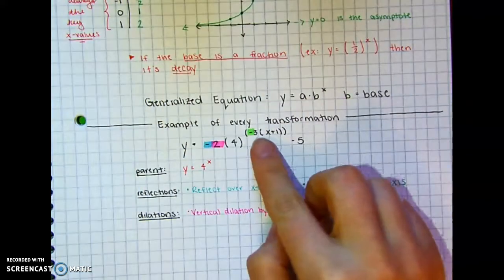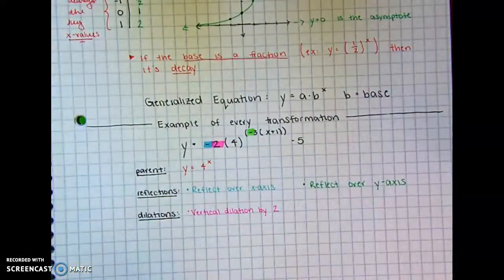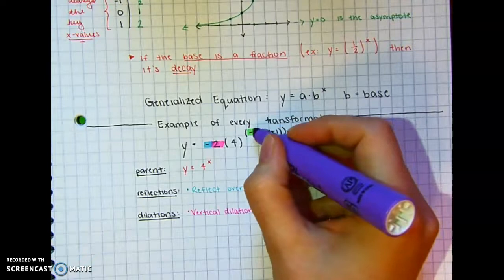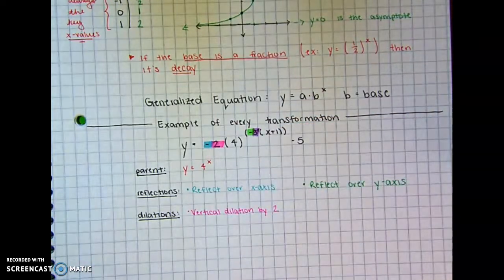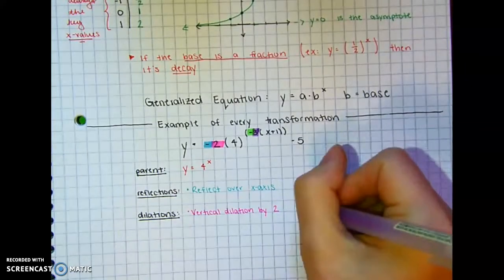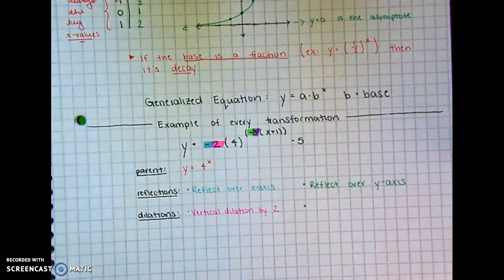And here we're multiplying by 3. That's going to be a horizontal dilation by 1/3. Remember, it's still going to be the reciprocal.